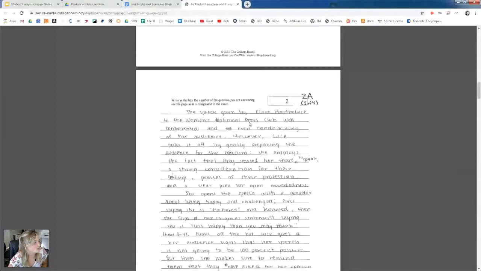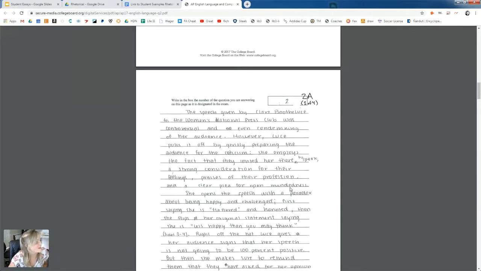The speech given by Claire Booth Luce to the Women's National Press Club was controversial and even condemning of her audience. However, Luce pulls it off by gently preparing the audience for the criticism. She employs the fact that they invited her there to speak, a strong consideration for their feelings, possession of their profession, and a clear plea for... If anybody knows what that word is.